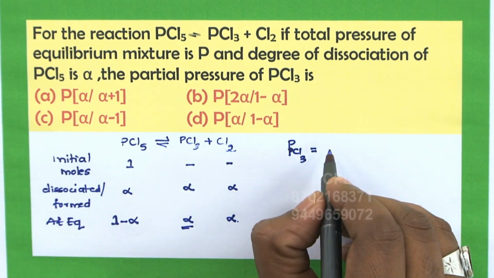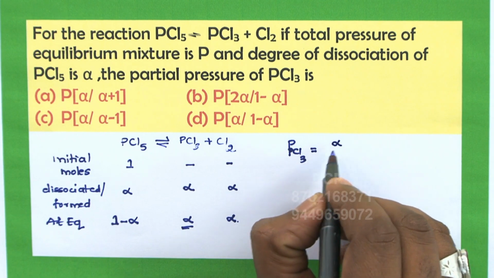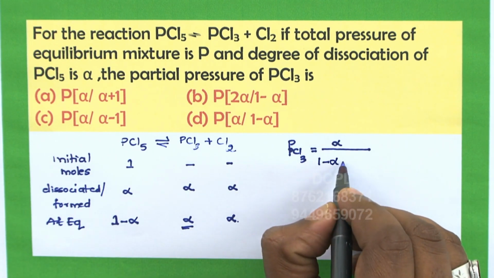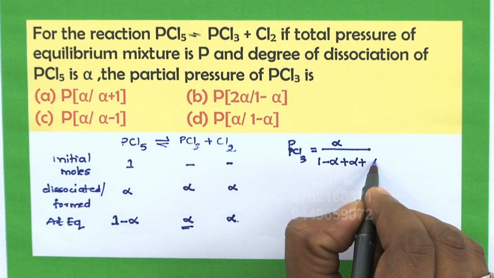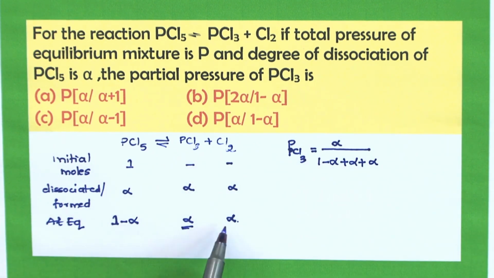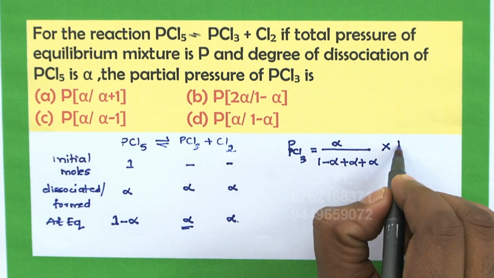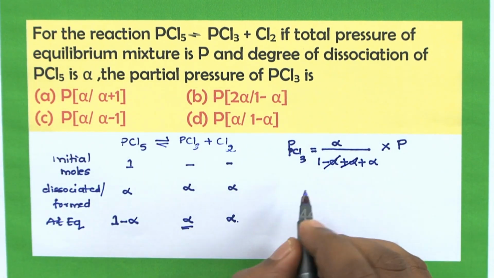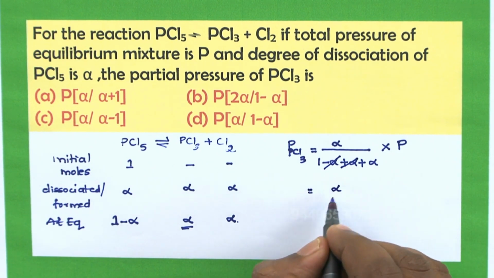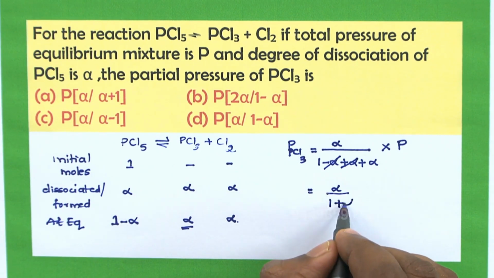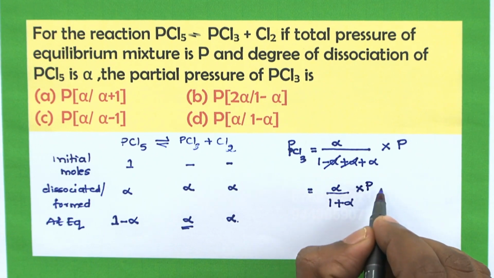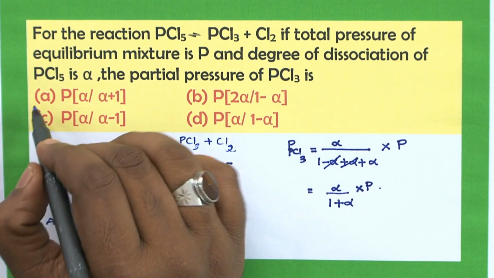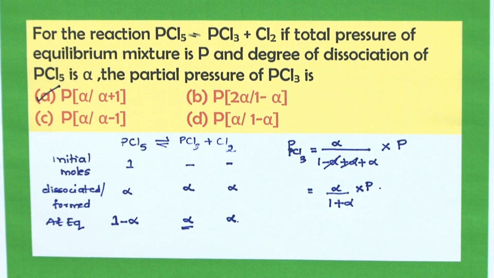The number of moles of PCl3 at equilibrium is alpha, divided by total number of moles, 1 minus alpha plus alpha plus alpha, and the total pressure they have mentioned as P, so into P. So minus alpha plus alpha, we end up getting alpha divided by 1 plus alpha into P. So the answer is P alpha divided by alpha plus 1, hence option A is the right answer.